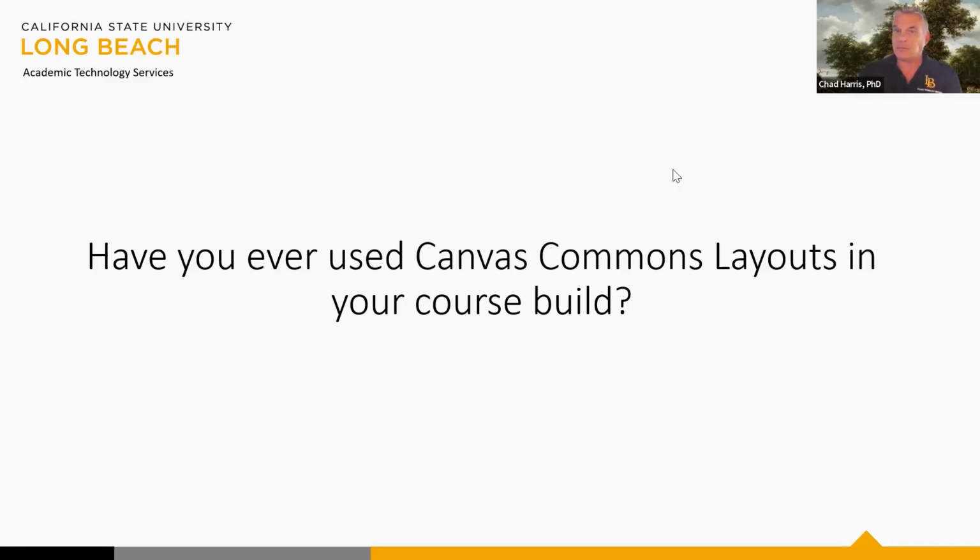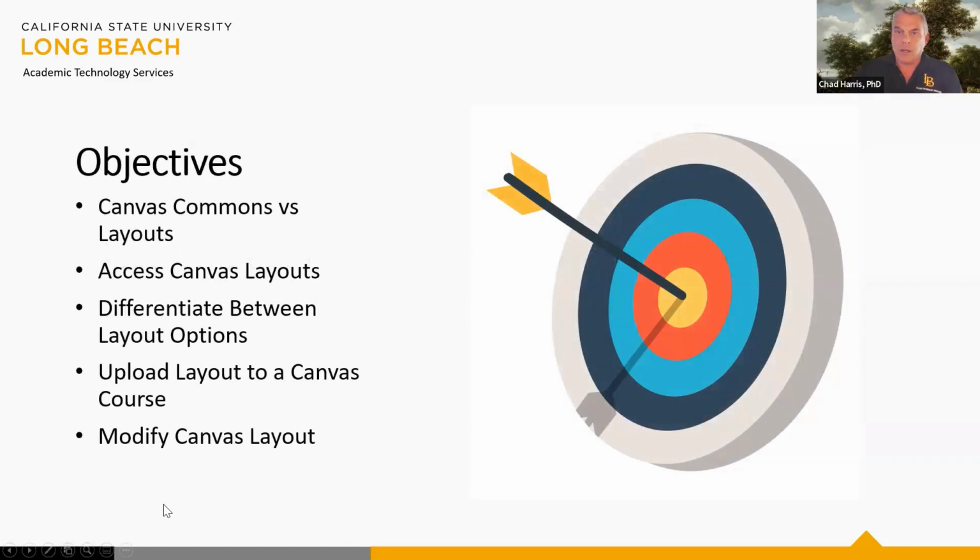So just a word on some of the objectives for today. Our objectives in today's workshop are clear and precise, much like the Canvas layouts we will soon acquaint you with. Today's objectives are as follows. Canvas Commons, we're going to look at Canvas Commons versus layouts, or actually the layouts are within the Commons.